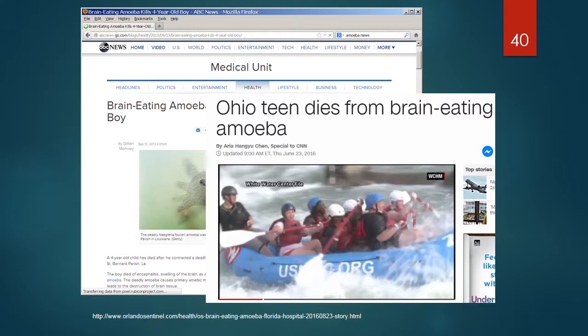Typically, that can happen with people who have a compromised immune system already. So that actually was the case for this teen. And it was also a particularly high concentration at the Whitewater Center at the time.